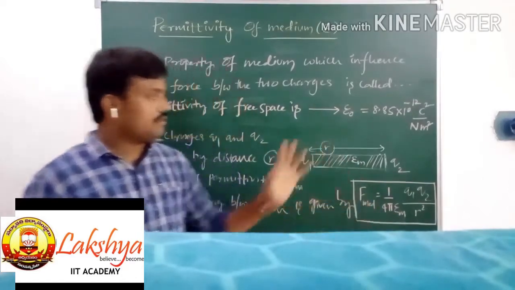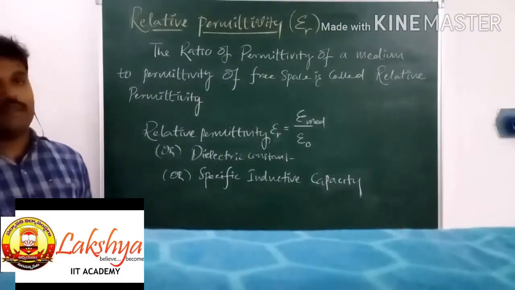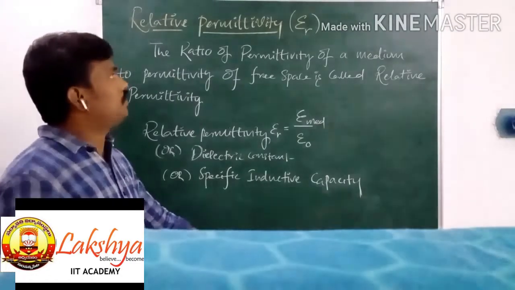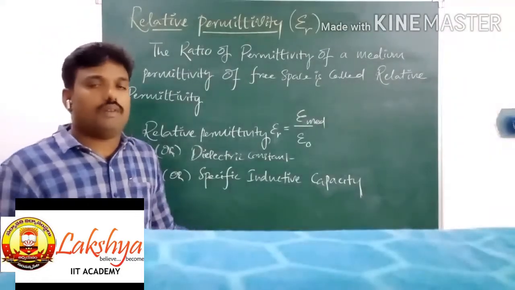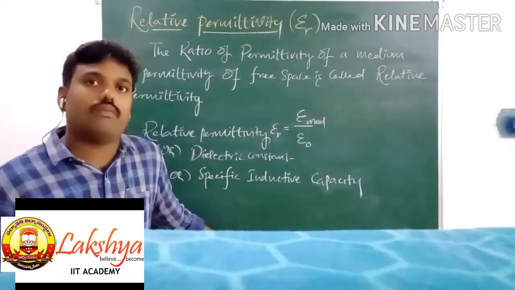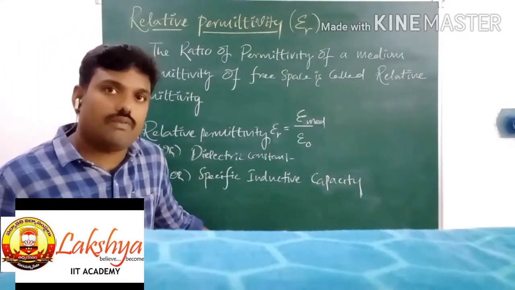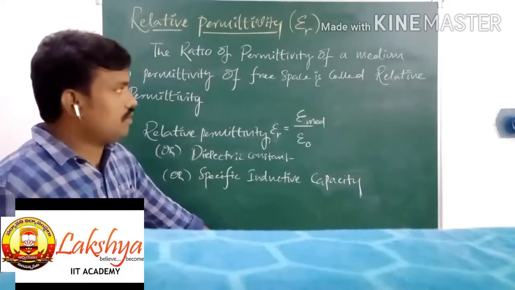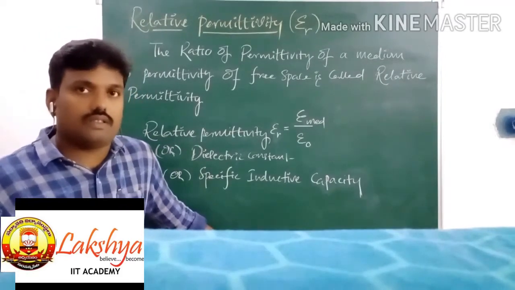This is the difference why we take a medium between the two charges. After knowing about permittivity, we have to go with relative permittivity. Relative permittivity is a comparison between the permittivity of a medium and the permittivity of free space. Already we know the permittivity of free space.